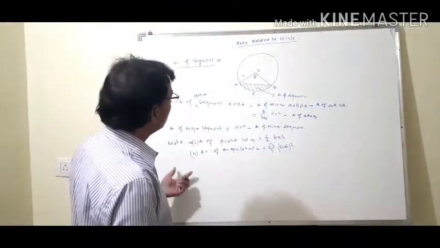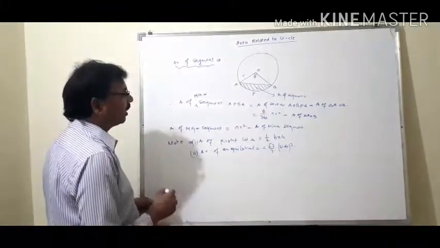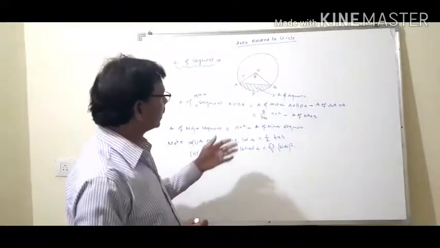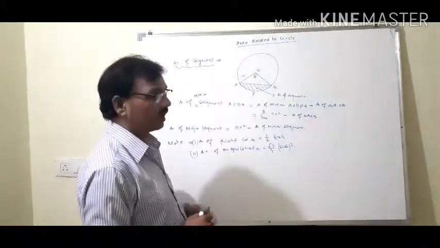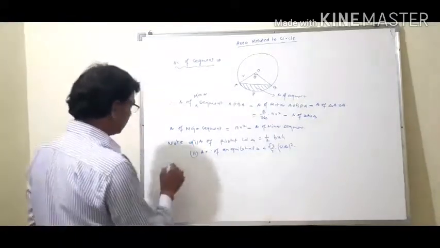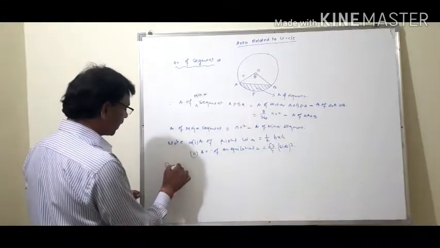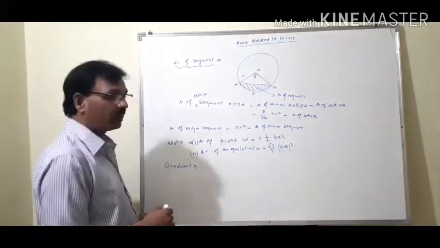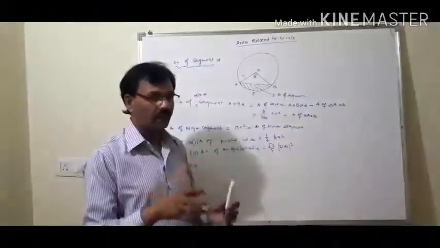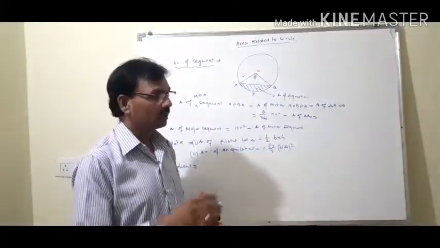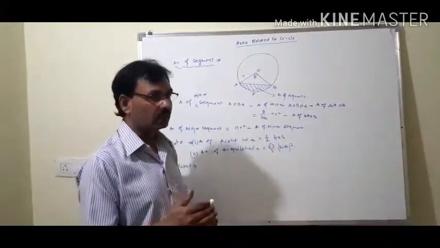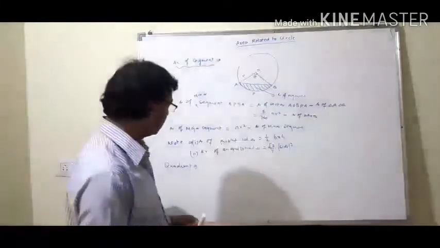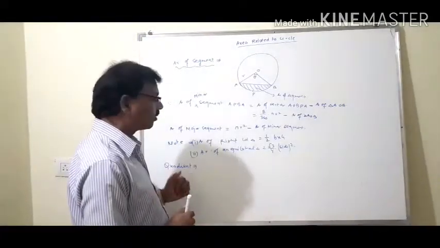Now in this sequence we will also discuss what a quadrant is and what the area of a quadrant is. A quadrant is nothing but, if we divide the area of any circle into 4 equal parts, then each part is known as a quadrant.